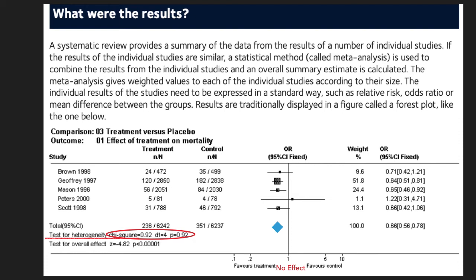The horizontal line is the confidence interval. If the confidence interval line is short, then we have more precision in the study. But if the study has a long confidence interval, then we have less precision in this study.